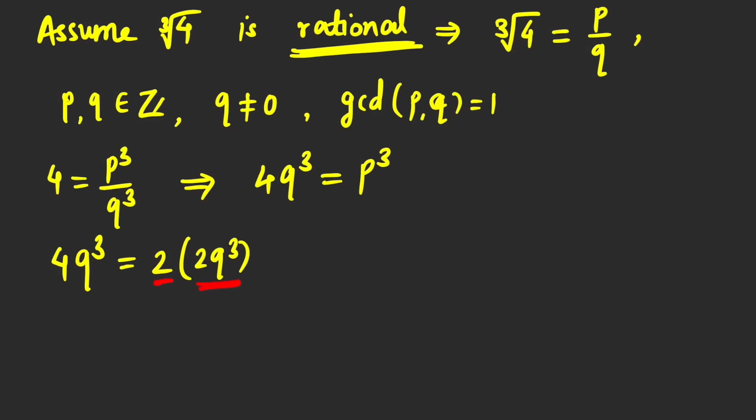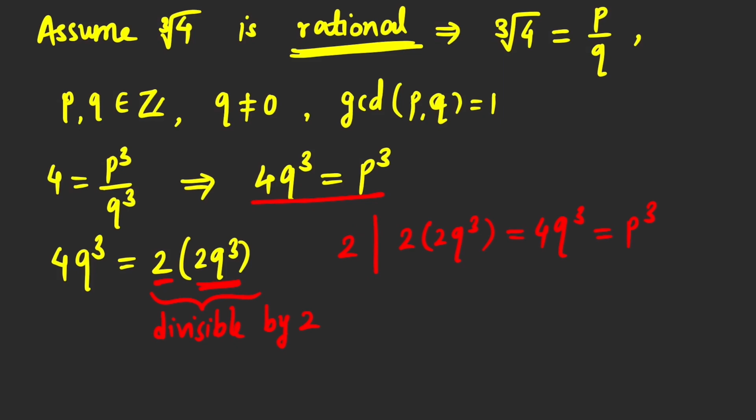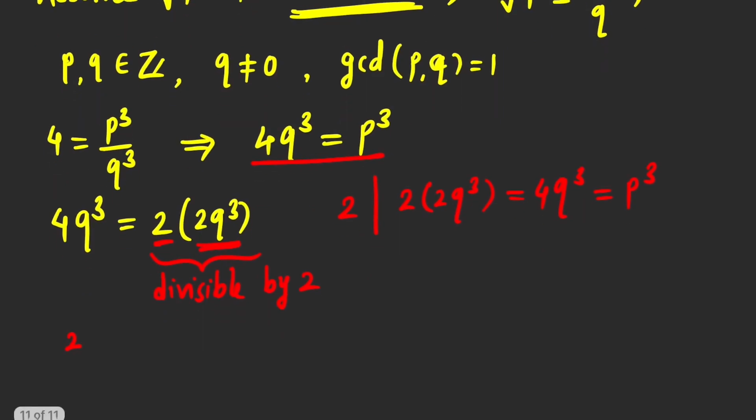So this number is divisible by 2, or 2 divides 2 times 2 q cube, that is the same as 4 times q cube. But we know that 4 times q cube is the same as p cube. That means 2 divides p cube, and now 2 is a prime, so 2 divides p by the properties of prime numbers. So here we have 2 divides p.